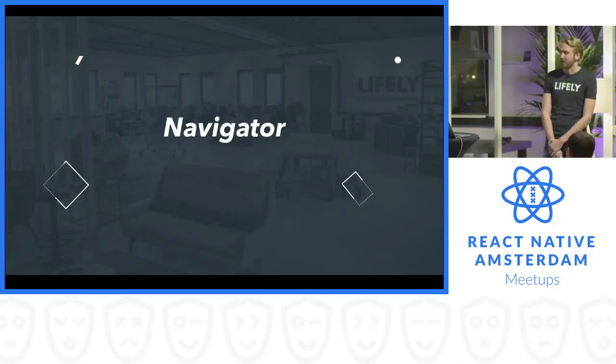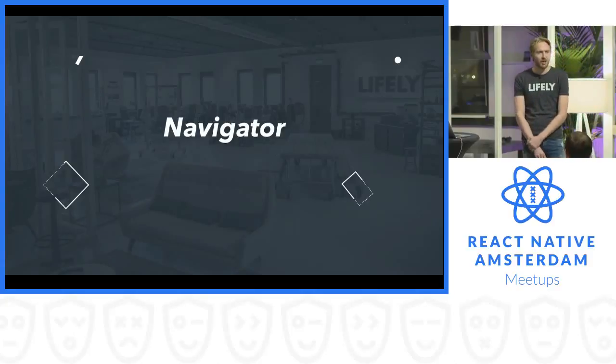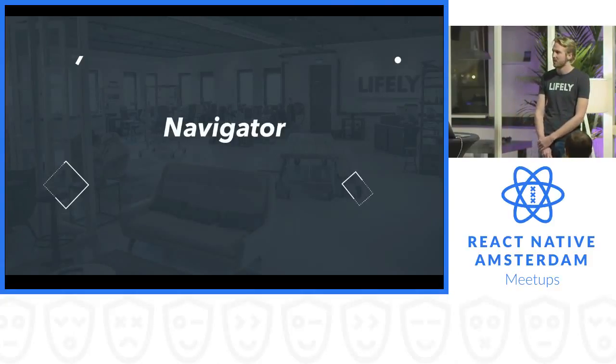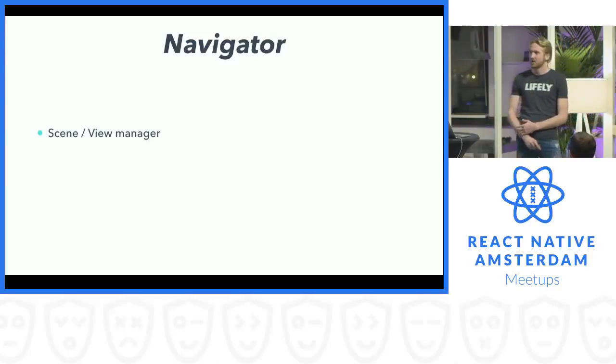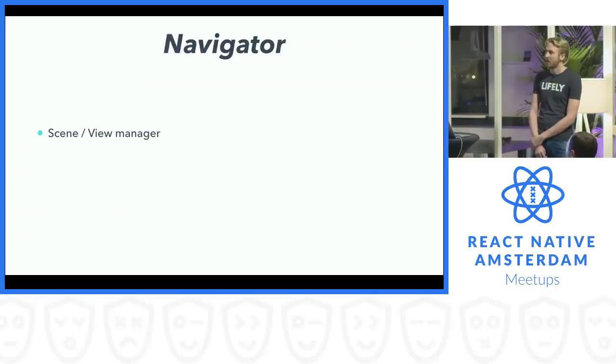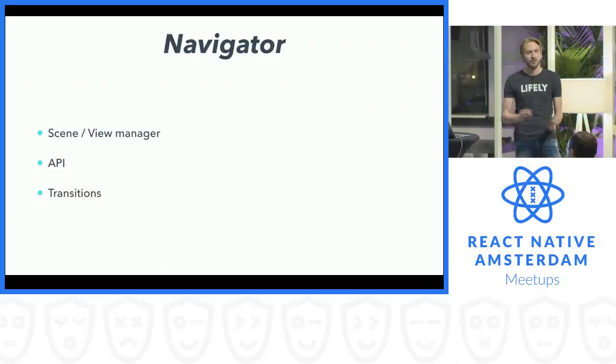So, the Navigator. I think most of you here know what the concept of a Navigator is, but just as a refresher, a Navigator is a scene and view manager. Scene or view manager, just how you decide to call your pages. And the Navigator provides an API that allows you to transition between different scenes.